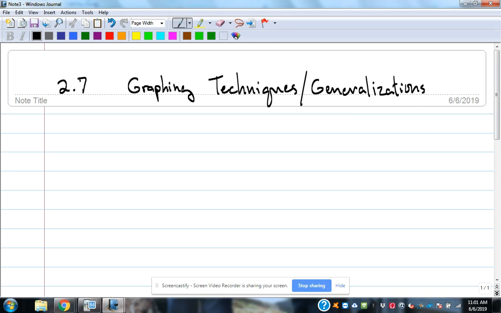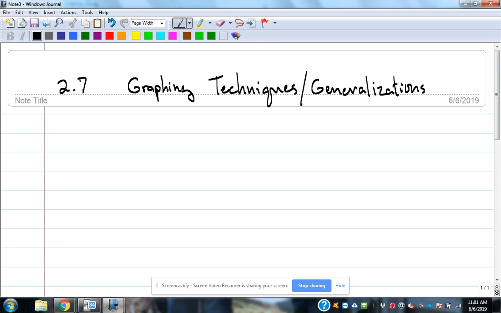We have a graphing calculator. If we need the exact graph, we can type the equation in there and see it. What we want to do here is be able to look at an equation and get a generalization of, hey, I know when they had a +3 on the outside there, that moved it up 3. That sort of idea is what this is.